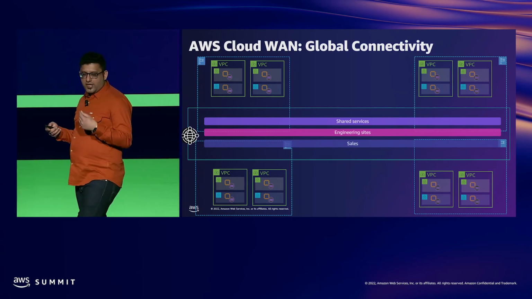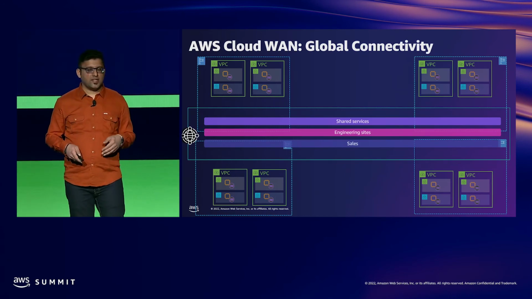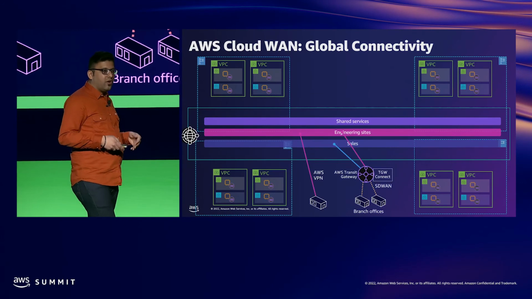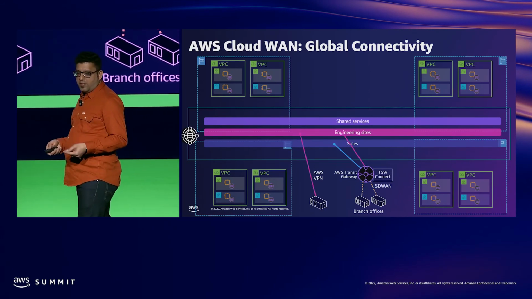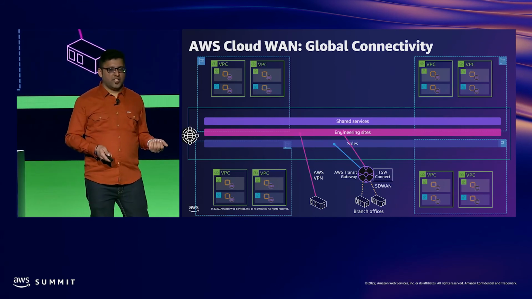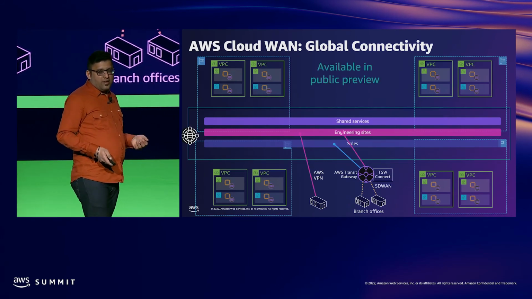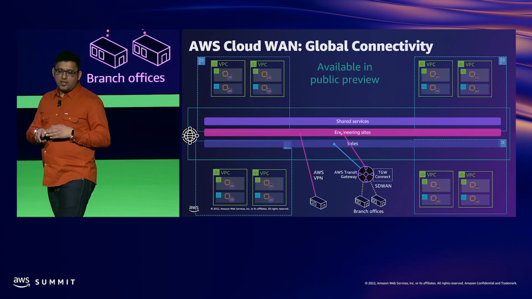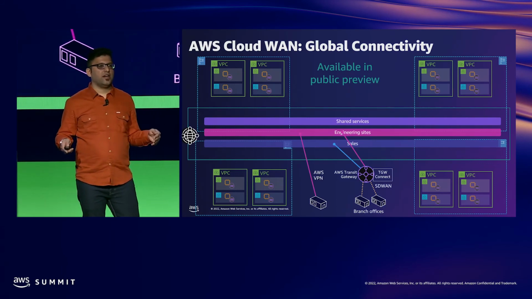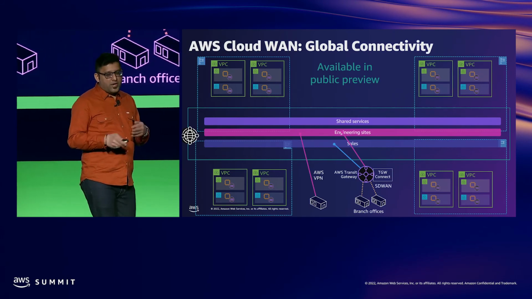So you can have your shared services segment, your engineering segment, and your sales segment. And then you can also extend that connectivity back to your corporate data centers using VPNs or the transit gateway Connect option that we talked about. And then you can have these segments and build this global segmentation that spans across multiple regions.